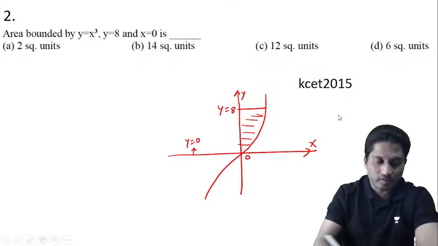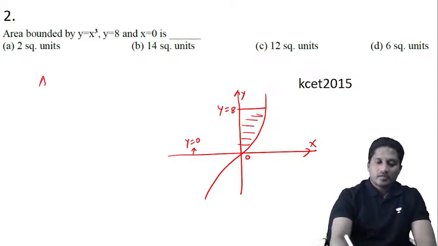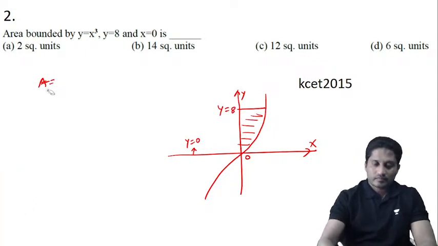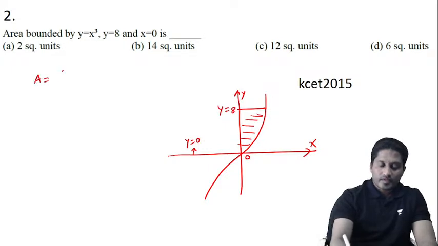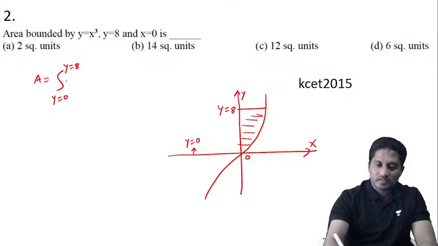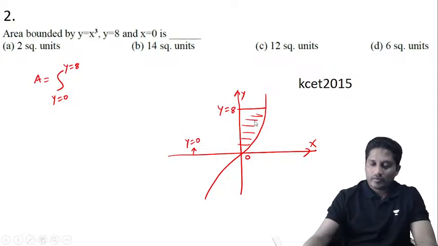Now area is equal to integration from y equal to 0 to y equal to 8 of the function of x dy, where y equal to x cube.